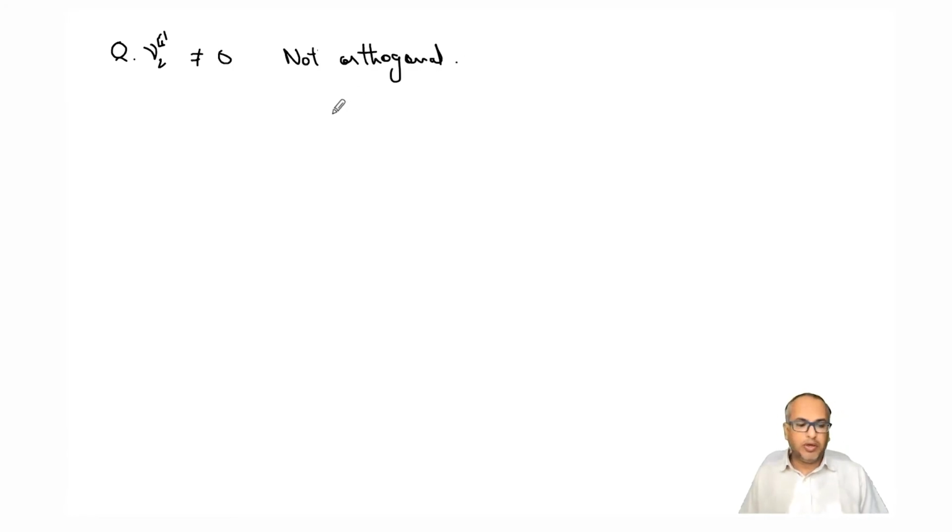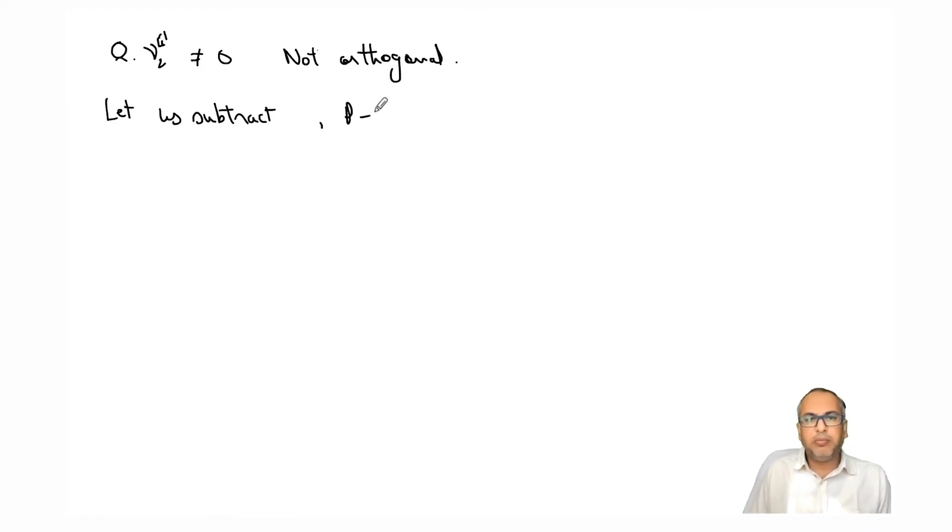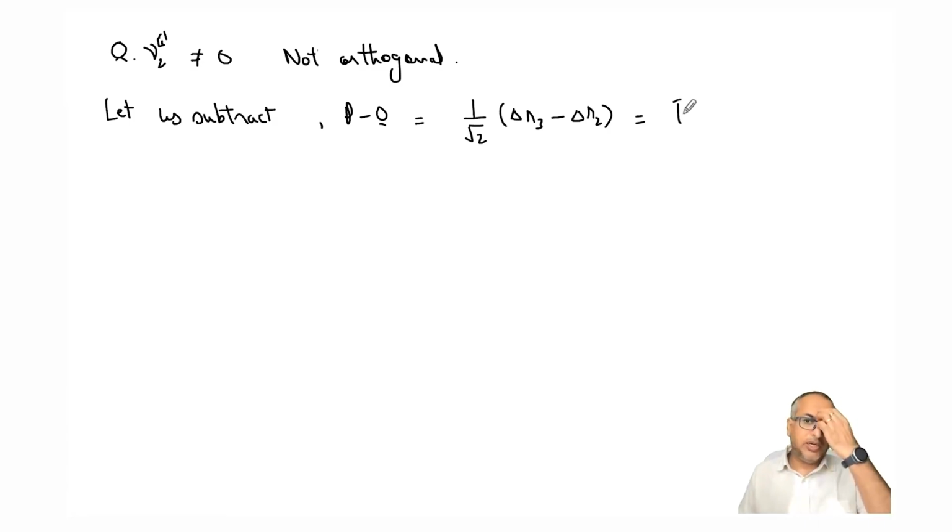Okay, so now what do I do? Let us do a hit and trial. Let us subtract P minus Q, and what do we get here? We will get, after normalization, 1 over root 2 times delta R3 minus delta R2. Now let us call it R.